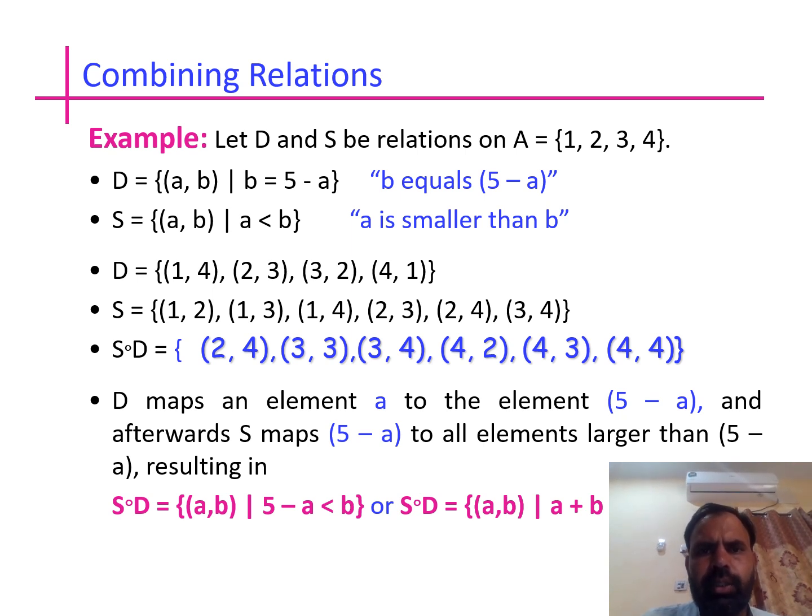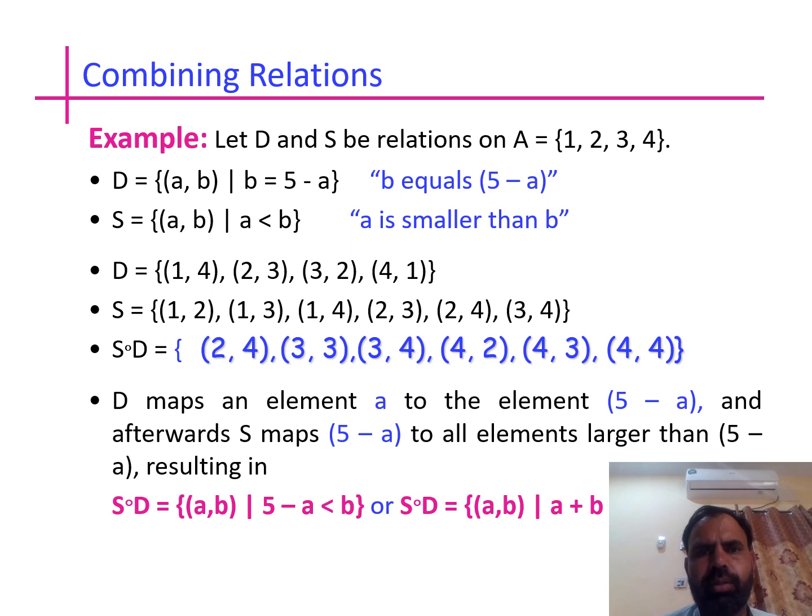We give examples for these combining relations. Let D and S be relations on A, which is {1, 2, 3, 4}. D is all the elements (a, b) such that b equals 5 minus a, or you can say that a plus b equals 5.